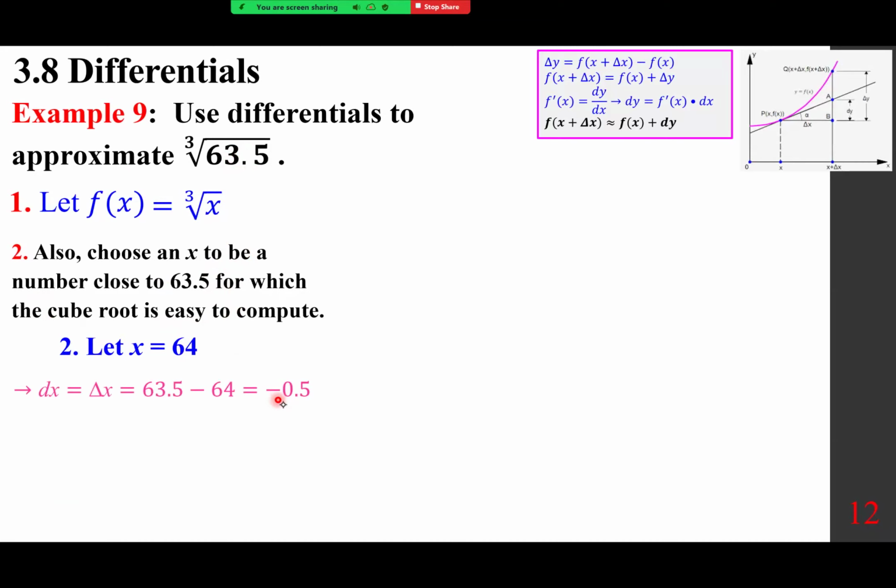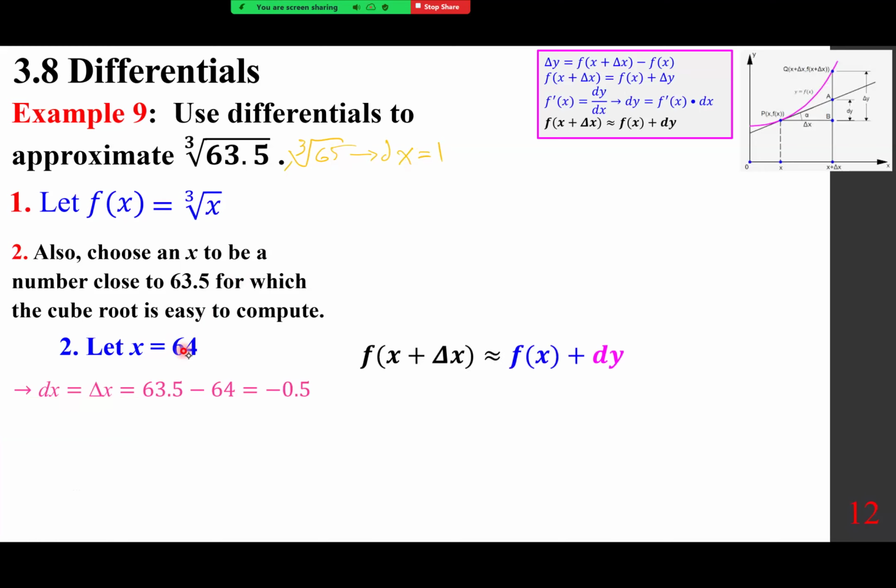To understand this, for the sake of argument, if we were interested in finding the cube root of 65, delta x would have been positive 1 because 65 minus 64 is positive 1, meaning I don't know the cube root of 65, but it's larger than the cube root of 64, which is 4. That's the meaning of it.